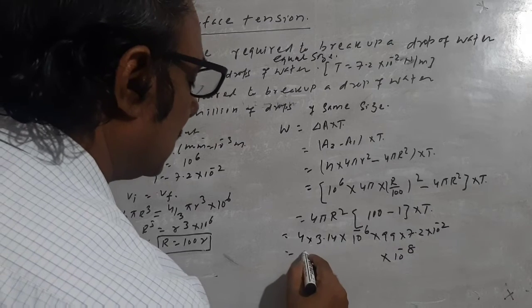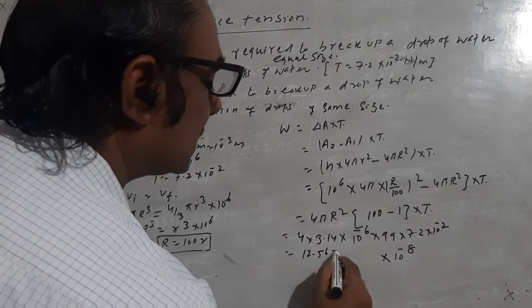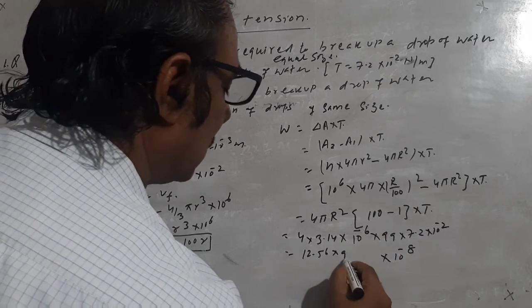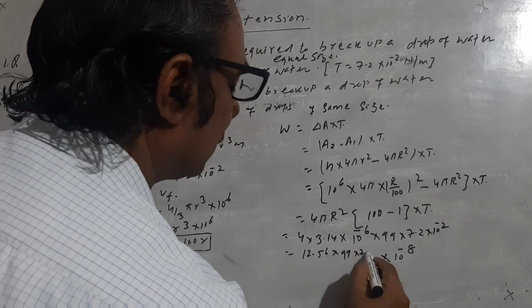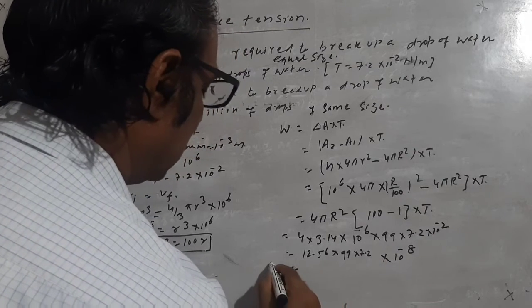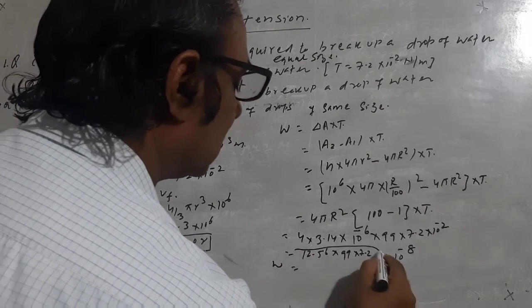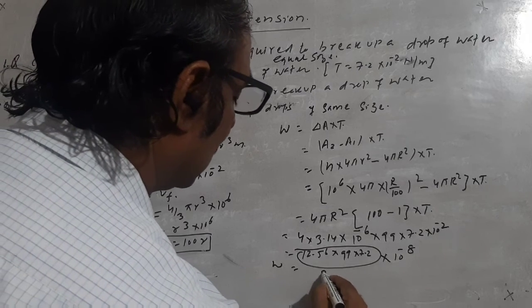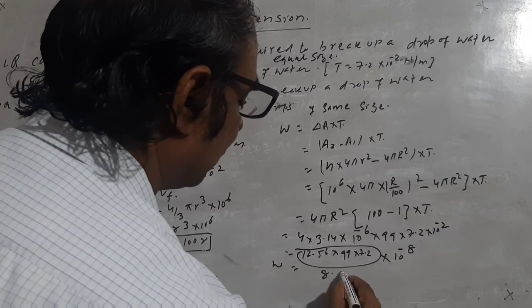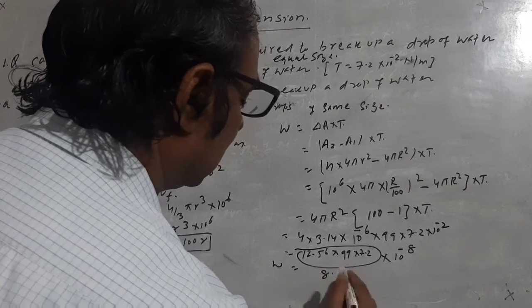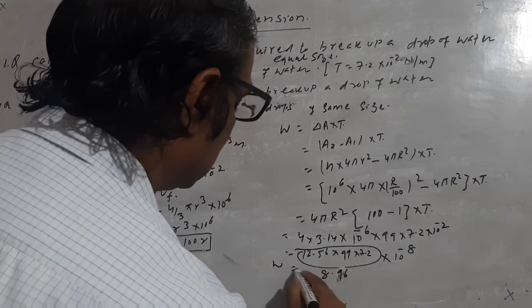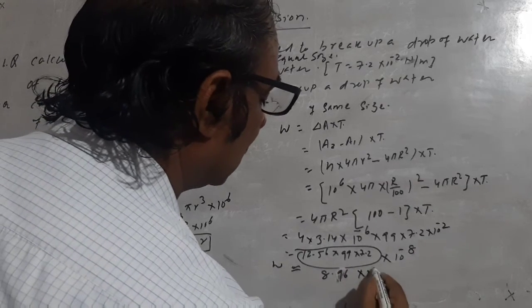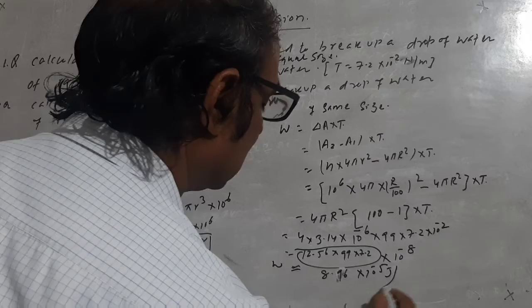Here 12.56 into almost 100 into 7.2, and actually solving the value, it is found that the work done is approximately 8.96 into 10 to the power minus 5 joule.